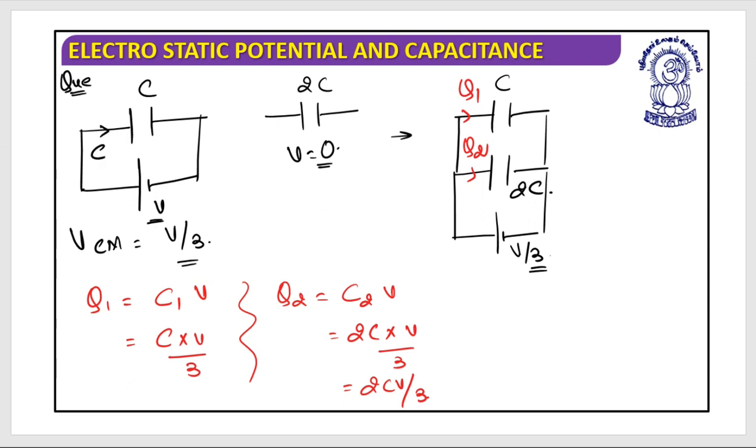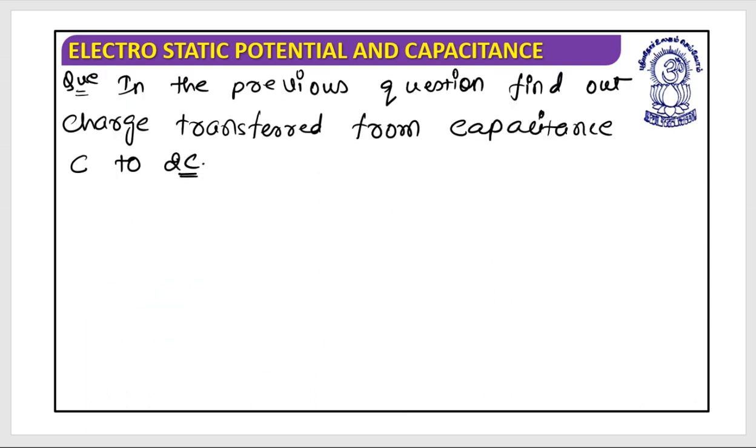Initially this possesses a charge of CV, because Q is equal to CV simply. And now after they have been connected, it has a charge of CV by 3. So Q initial is C into V.